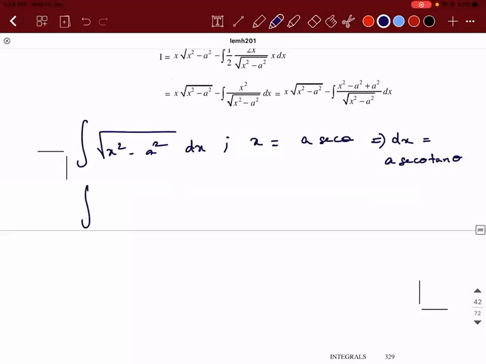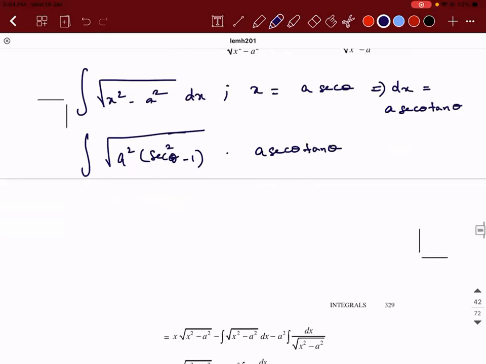So integral of root of a square into secant square theta minus 1, into dx, which is a secant theta tan theta. This will become integral of a square into secant theta into, root of a square is a, into a will give you a square.